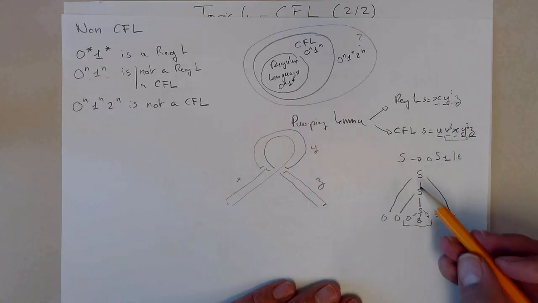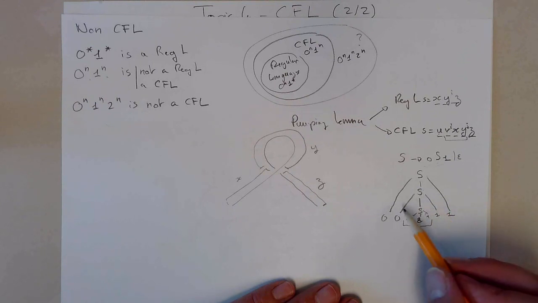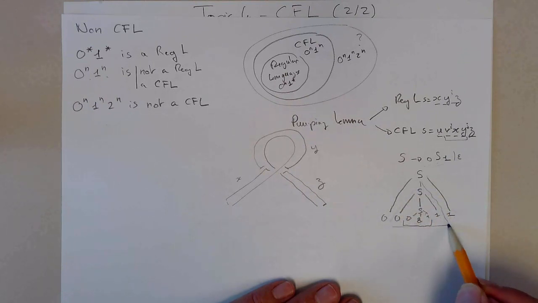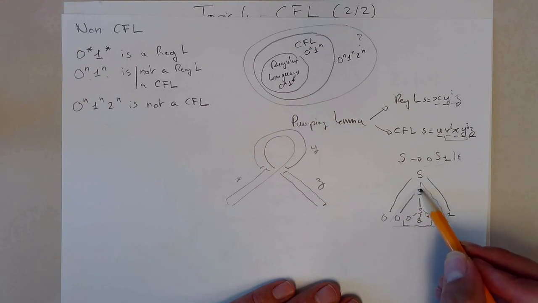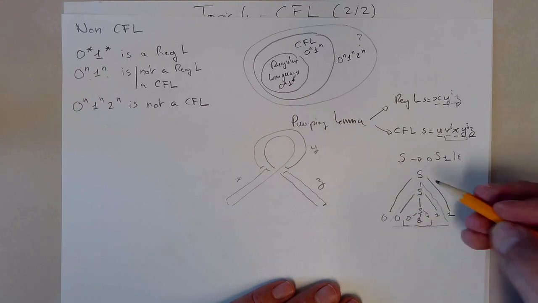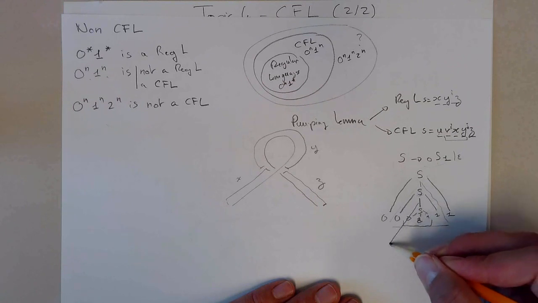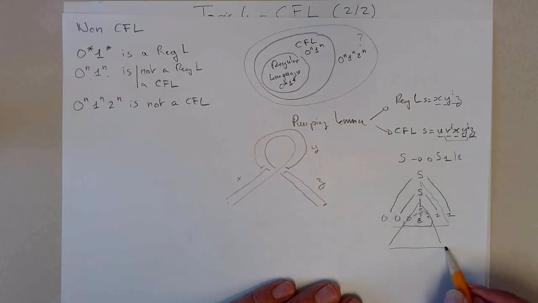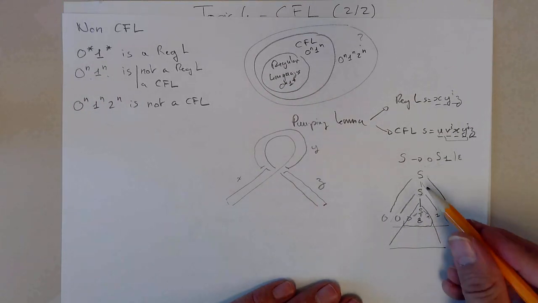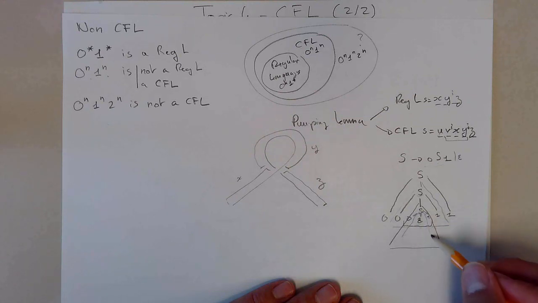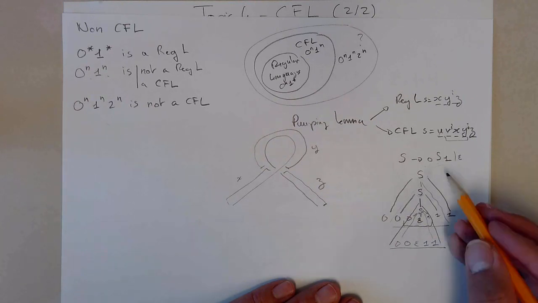If you want to see it more clearly, take this triangle, and because it's contained in S, I can multiply it and put this triangle here again. If I put the same triangle down here, I'm going to have additional zeros and additional 1s.